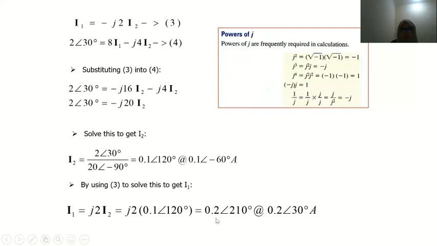This value will give you I1 equal to 0.2 with 210 degree, or 0.2 with 30 degree ampere. So now you get your I1 and I2.